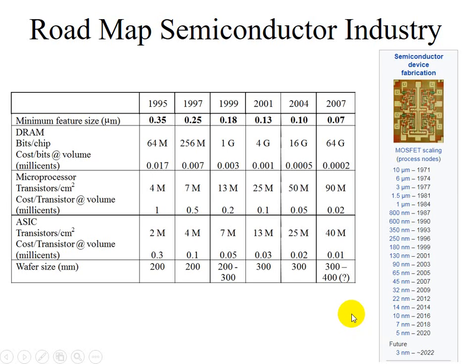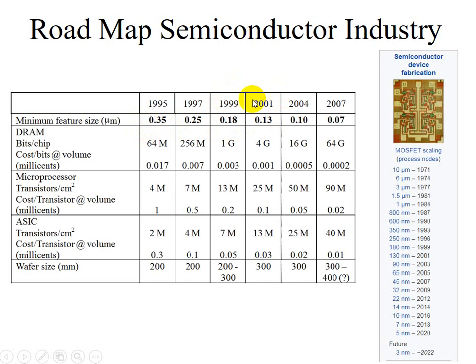To achieve that kind of integration, you need a very fine technology. From the early stage of technology, you have feature sizes in microns, say 0.35, 0.25, 0.18 in 1990.